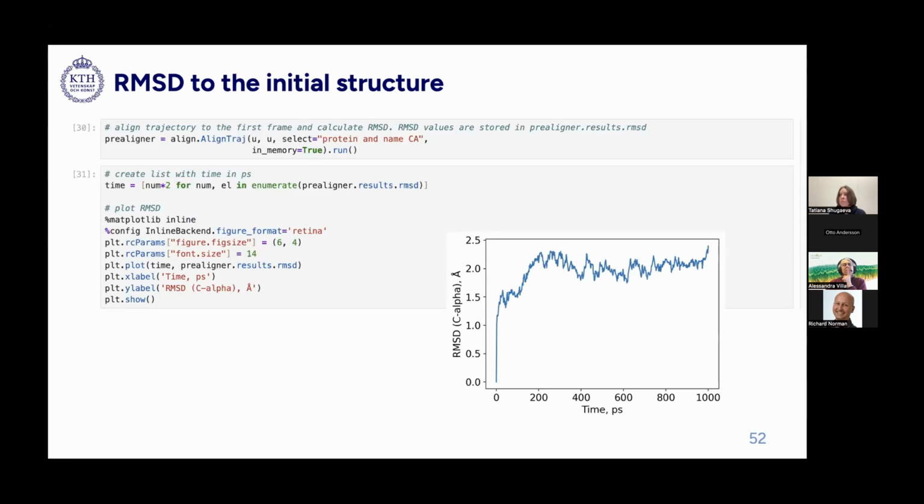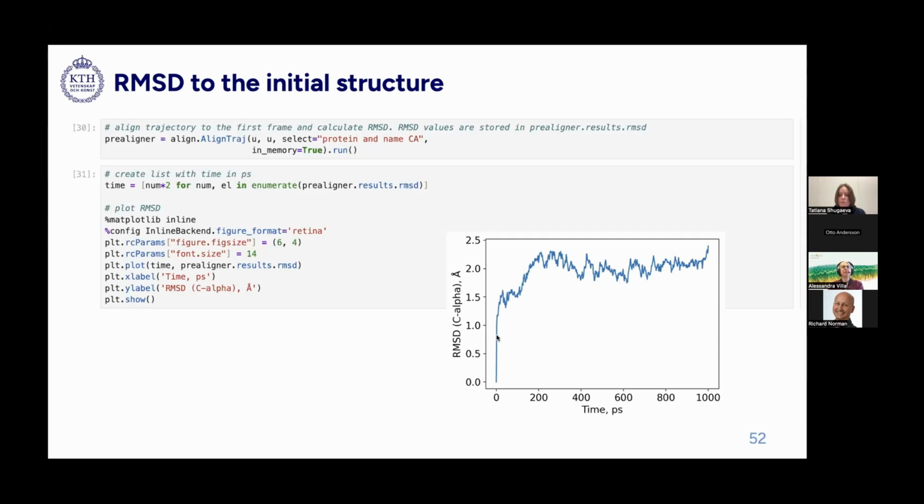How can we characterize the differences in the structure in a more accurate way? We can use RMSD calculations. For example, this is the plot with structure RMSD compared to the first frame of the simulation.